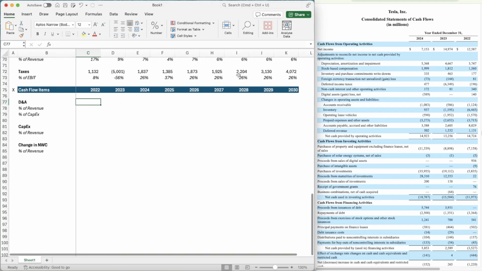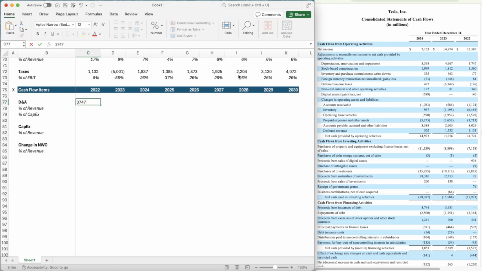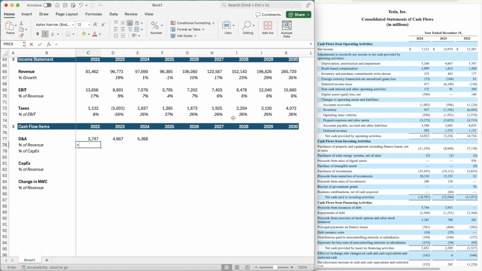Okay, so 3747, 4667, 5368. As a percentage of revenue, we're going like that. Just format it, pull it along.